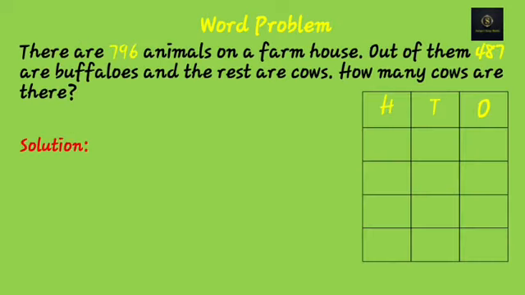So see here, I have already formed a vertical column and also written O for ones, T for tens and H for hundreds.